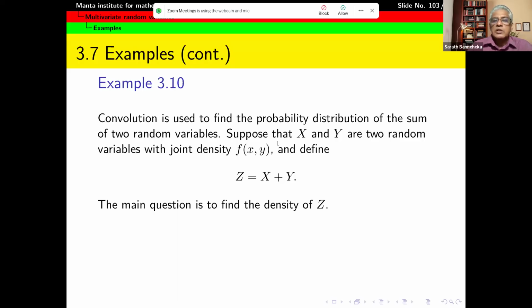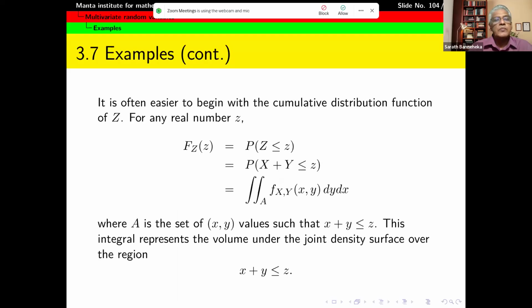Okay, so let's derive the density function of z, a general expression, because here I have not mentioned the joint density specifically, just assuming that the joint density is f. What I want is an expression for the density function of z in terms of the marginal densities of x and y.